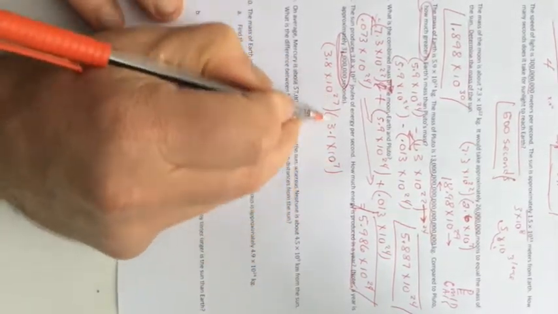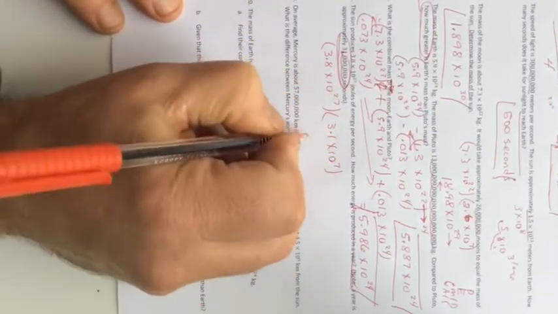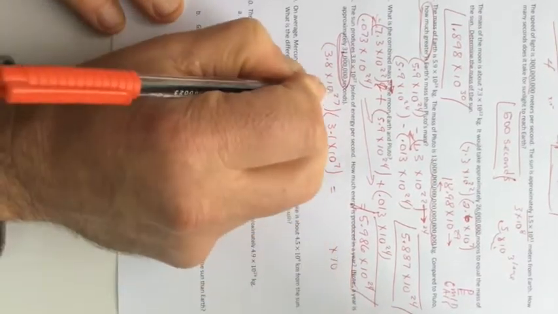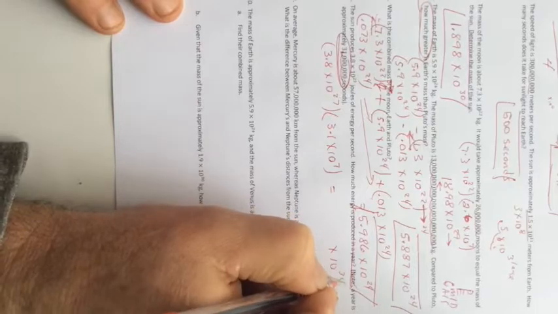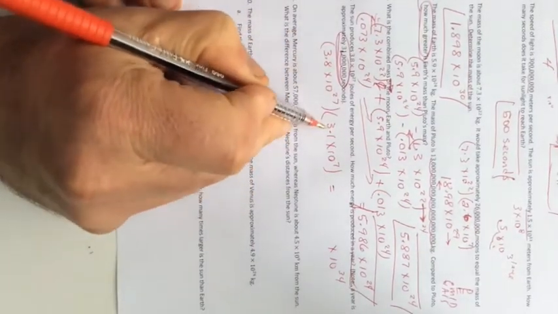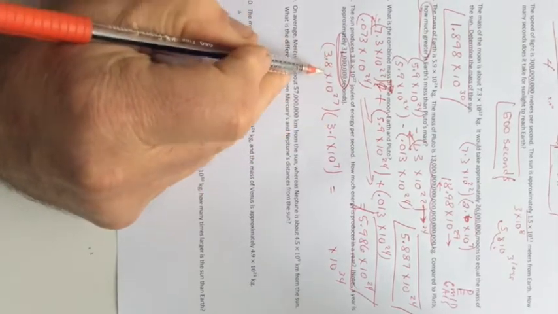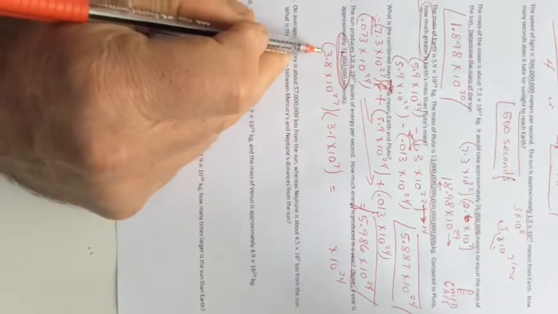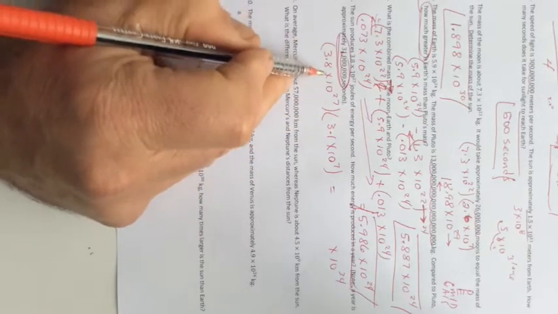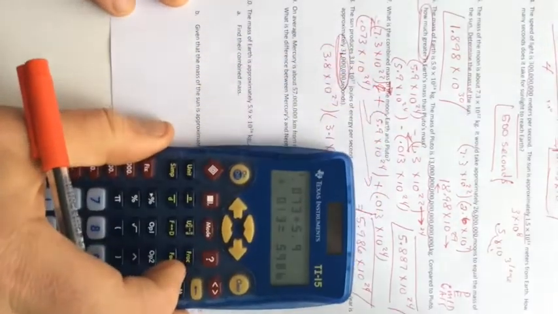Okay, when we want to multiply exponents, we add their power. So I know this is going to end up to be something times 10 to the 27 plus 7. So it's going to be 10 to the 34. And now I'll use my machine here. This might actually fit, 3.8 times 3.1. 3 times 3 is 9, but probably not because that's almost 4. It's almost 4 times 3, so it's probably going to be too big.